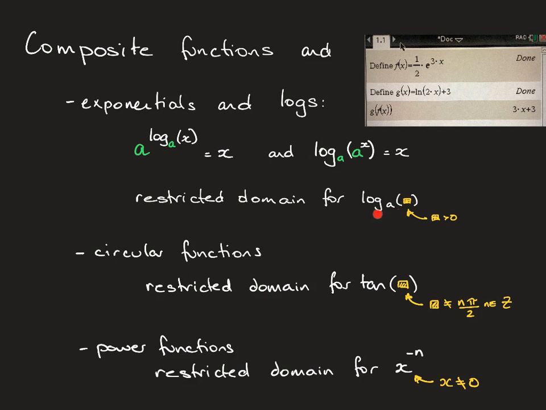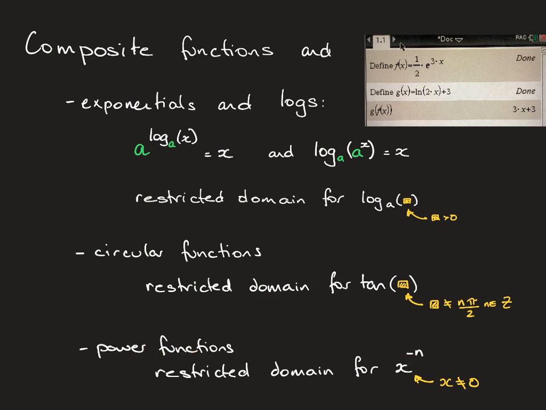Also be aware that if you are trying to make a composite function, you need to be conscious of the domain restriction for logs. You have the same thing with tan. There's a domain restriction for tan. You can't have x values that give asymptotes. And also restrictions for power functions as well.